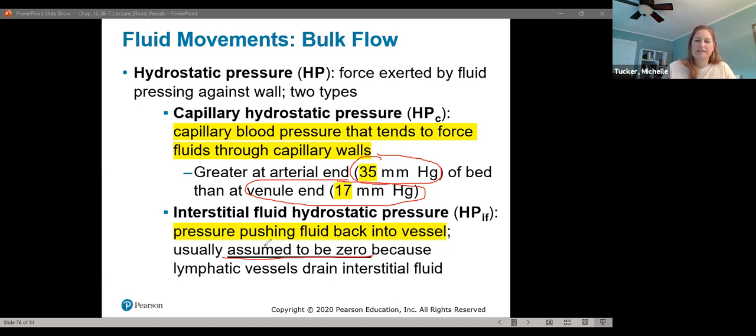Because it's assumed to be 0 when the lymphatic vessels are working. But there are conditions where lymphatic vessels are removed or not functioning, and then this is no longer 0. But we're going to look at a normal, healthy individual when we're calculating net filtration pressure.